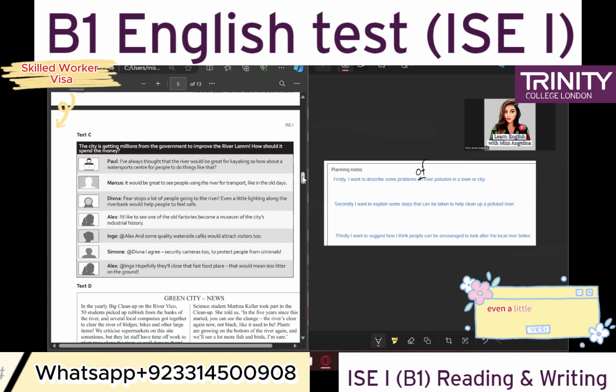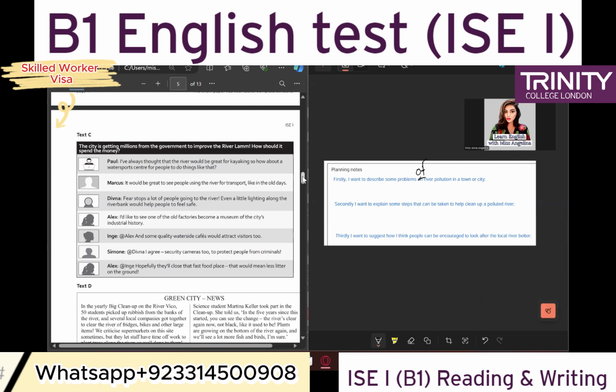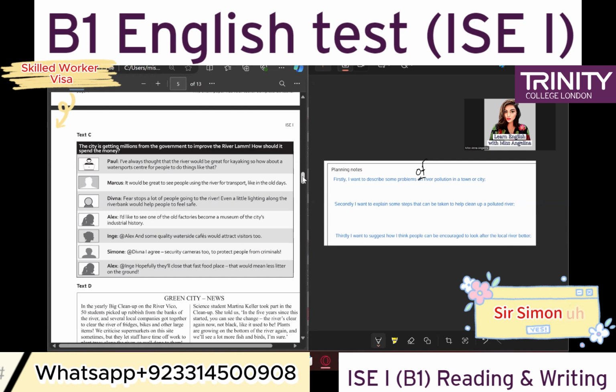Even a little lighting along the river bank would help people to feel safe. Alex: I'd like to see one of the old factories become a museum of the city's industrial history. And some quality waterside cafes would attract visitors too. Simon: I agree. Security cameras too, to protect people from criminals. Alex: Hopefully they will close that fast food place. That would mean less litter on the ground.